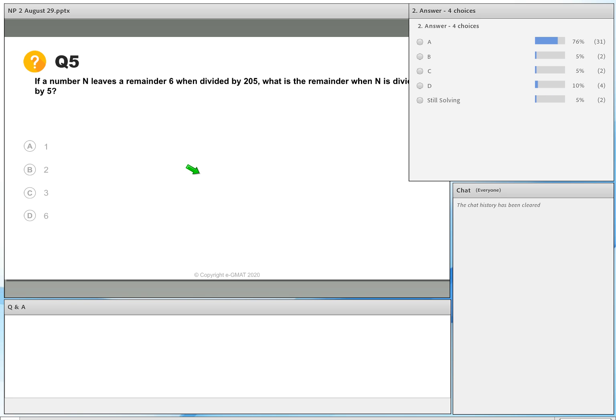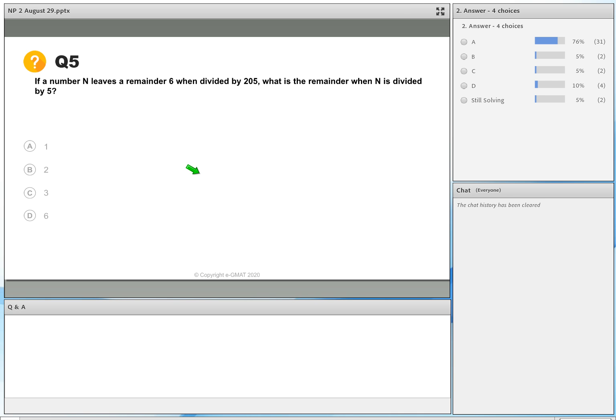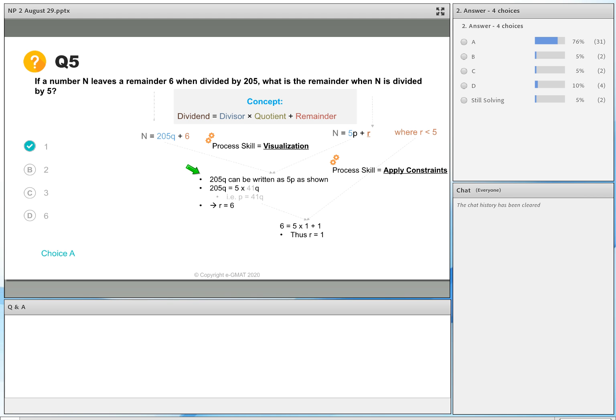Everybody who got confused the last time, you can use this question again. It's a very similar question. So, well, 76% of you have marked choice A, and that means 24% people just marked differently. The correct answer is choice A. So, good job, everyone. Let's discuss this.